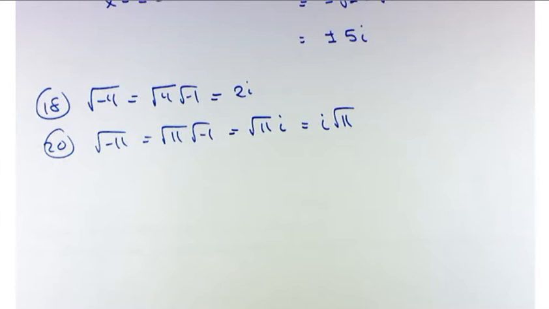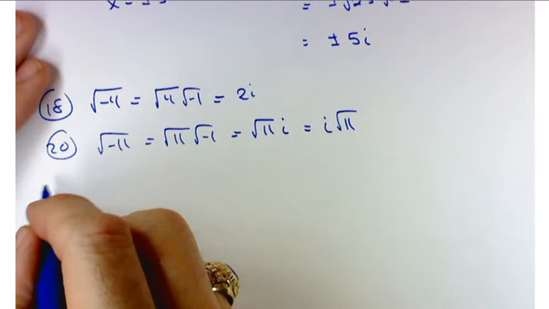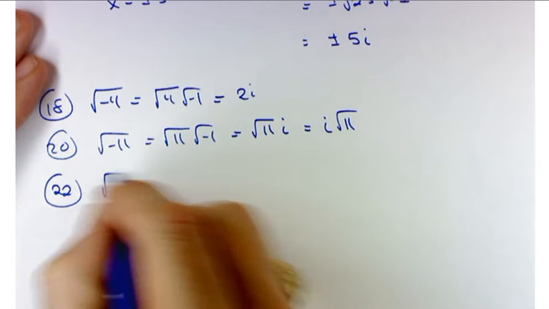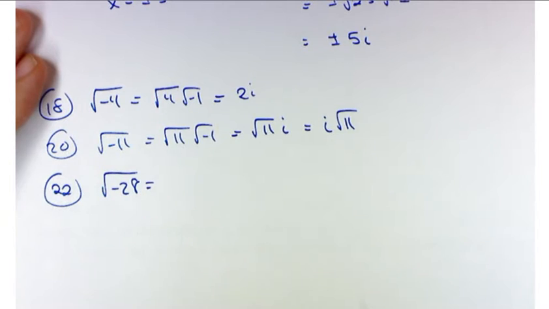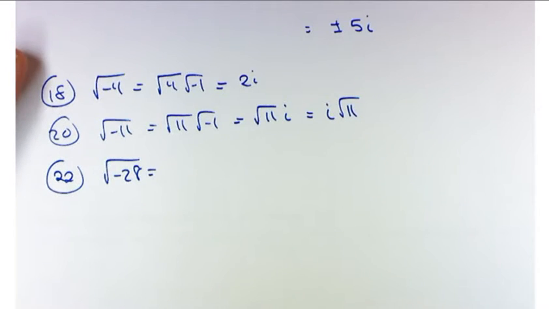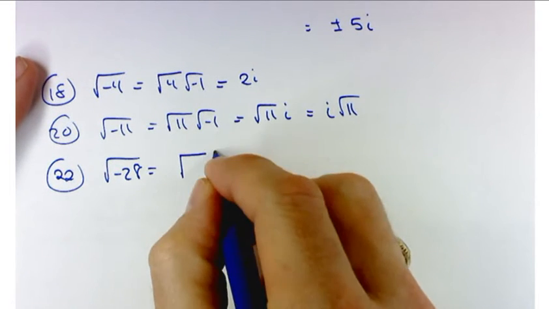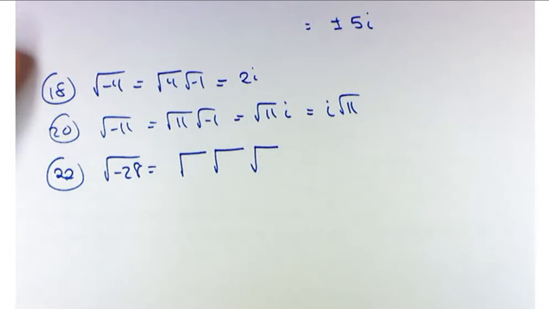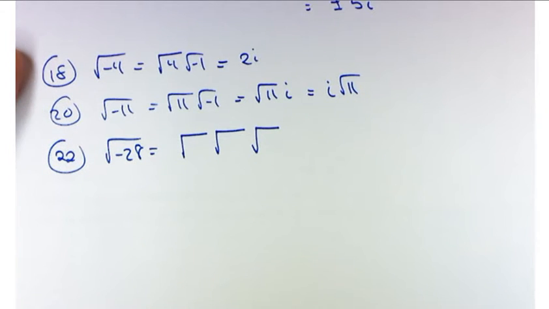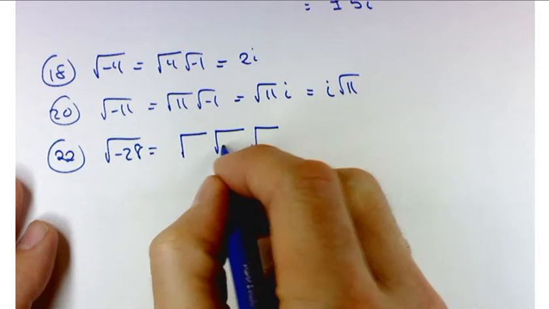Let's try problem number 22. Square root of -28. Well, actually, we're going to break this up into 3 radicals. Can anyone figure out what one of them might be? All right, square root of -1. Let me put that here.